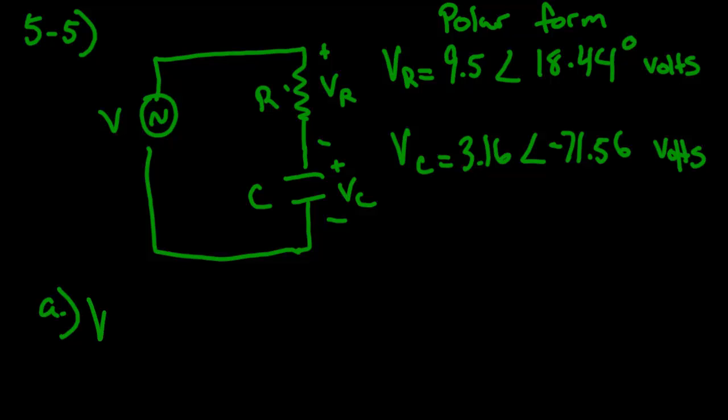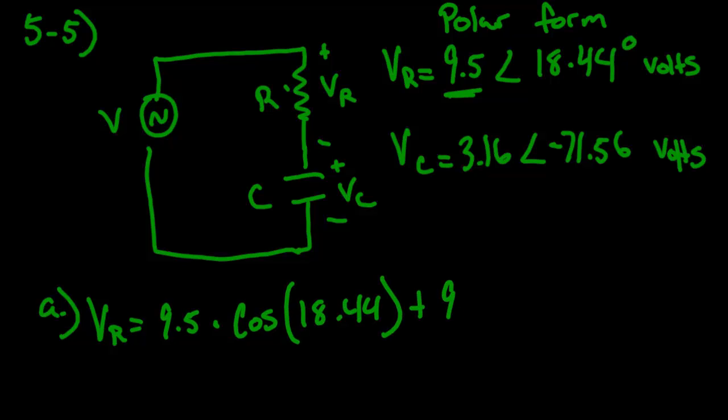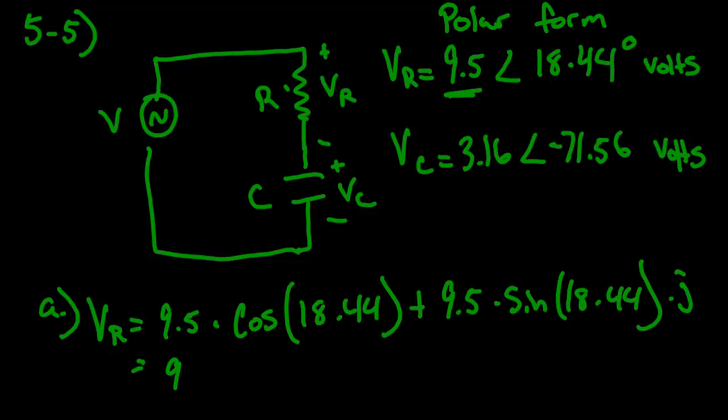So to go to rectangular form, VR is equal to the magnitude, this 9.5, times the cosine of 18.44, plus 9.5 sine of 18.44 times j. So this is equal to 9 plus 3j, after calculating.